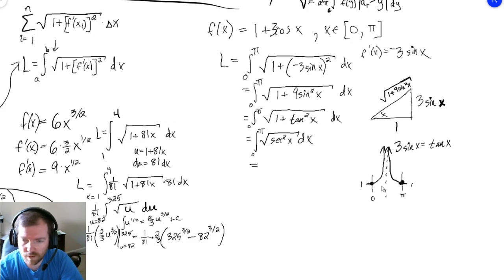Symmetric, so we can just find twice the integral of secant squared of x dx. Oh, no, it's the integral of secant. Although absolute value.